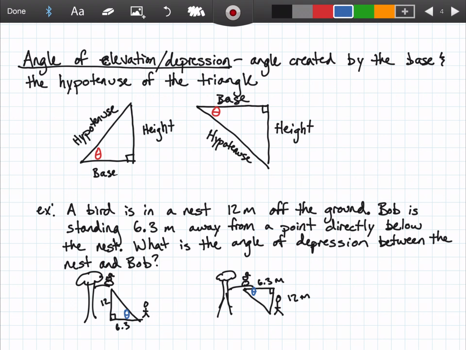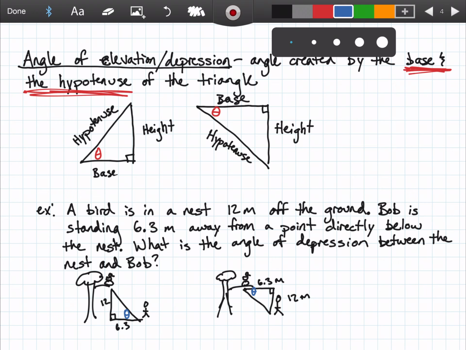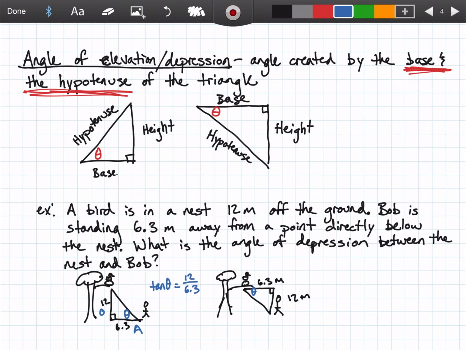If I'm looking at it as the angle created by the base and the hypotenuse, those are congruent angles. It doesn't matter which way you draw it, but you best have it between the base and the hypotenuse. Because then it's just going to be the same thing. Opposite, adjacent, tan theta equals 12 over 6.3.